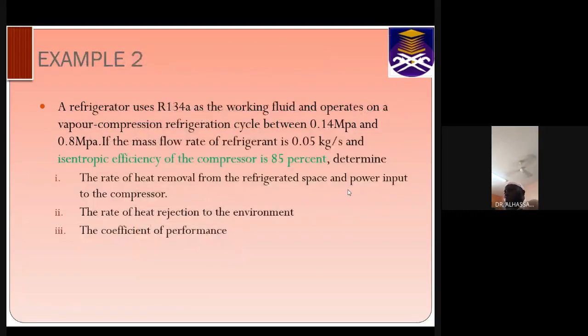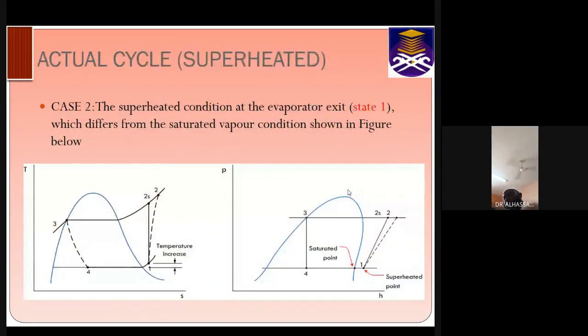Actual cases are characterized by so many losses, which eventually increase the energy consumption of such compressors.